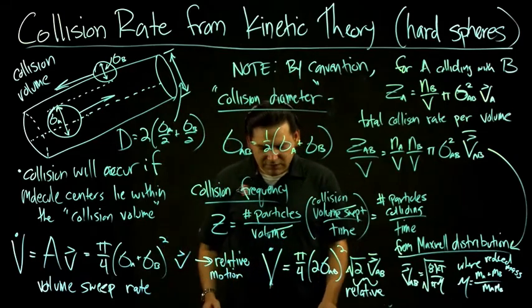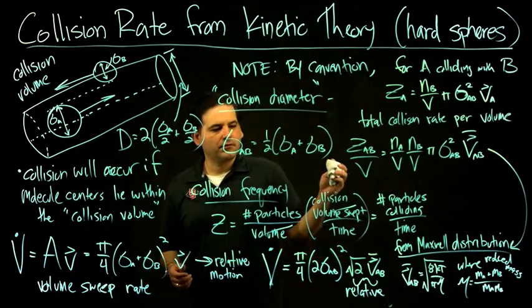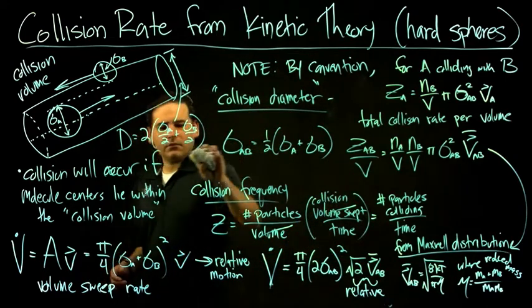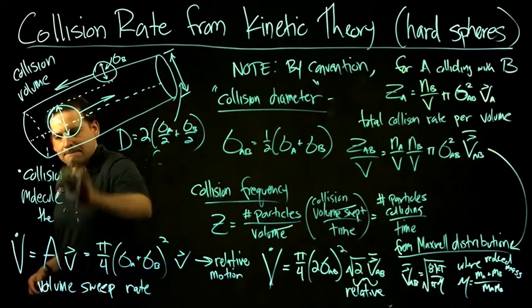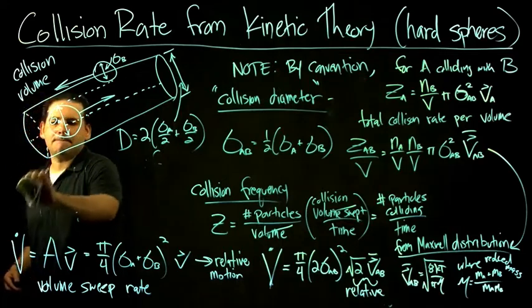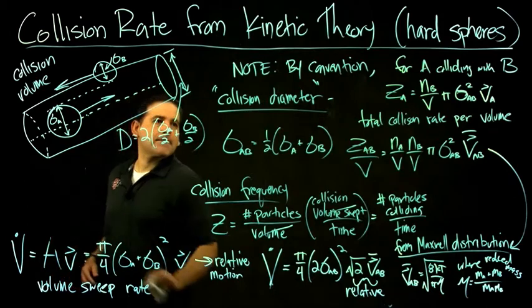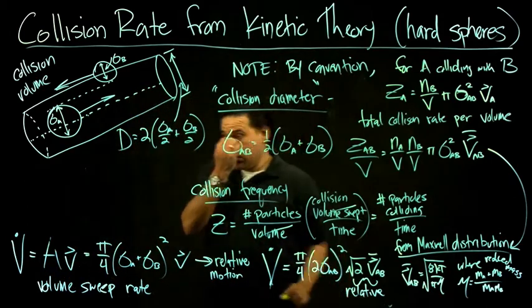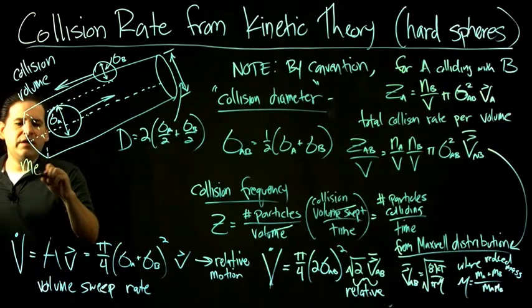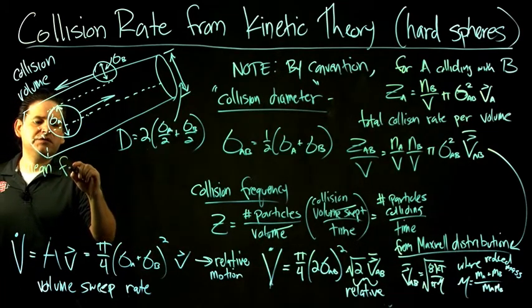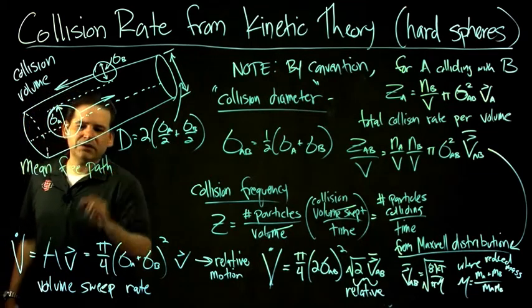So let's use this. So the mean free path is another way of thinking of the collision frequency. It's more common than collision frequency, actually.